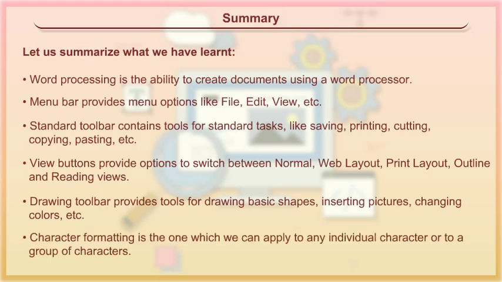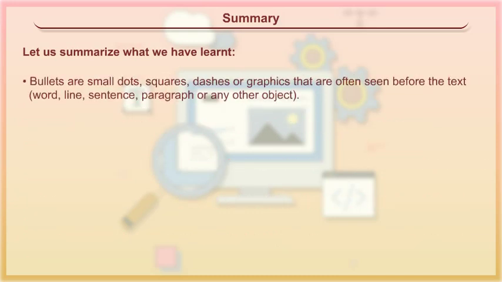Character formatting is the one which we can apply to any individual character or to a group of characters. Bullets are small dots, squares, dashes, or graphics that are often seen before the text, word, line, sentence, paragraph, or any other object.